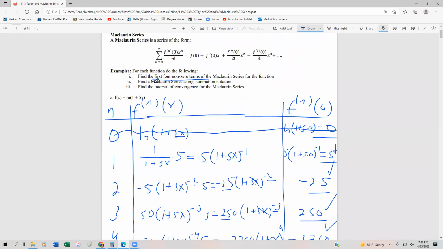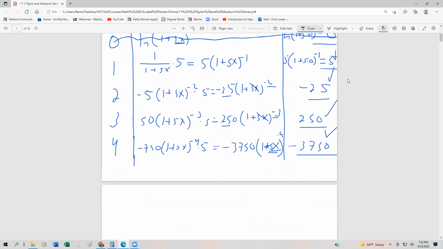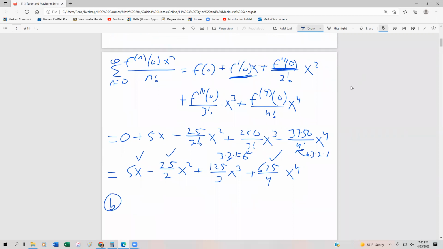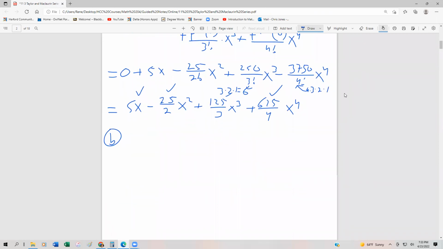All right, now these are the first 4 terms. Remember, it asked us to find the first non-zero terms of the Maclaurin series. So this would be like term 1, term 2, term 3, and term 4. All right. Now, for part B, we have to find some sort of series for this. What's helpful is to maybe rewrite and see a pattern as to what's going on.